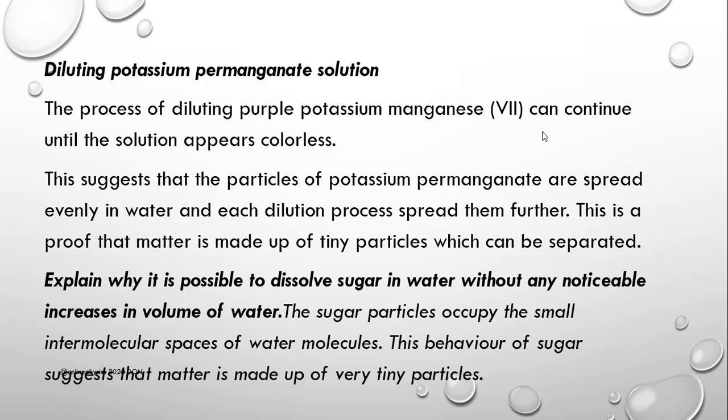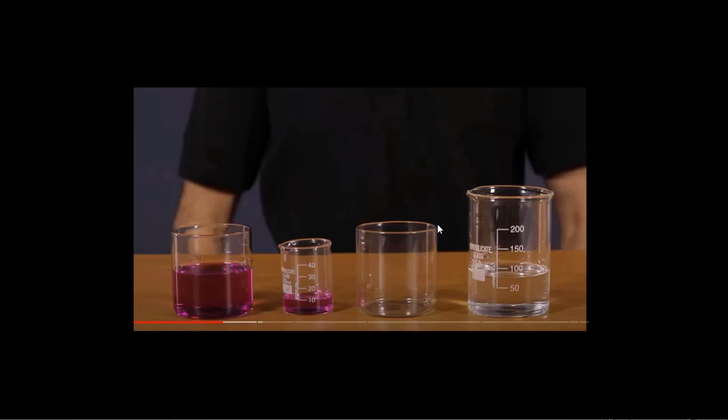Our answer is that the sugar particles occupy the small intermolecular spaces of water molecules. This behavior of sugar suggests that matter is made up of very tiny particles. That is a very good question, and I believe you've noted it somewhere.